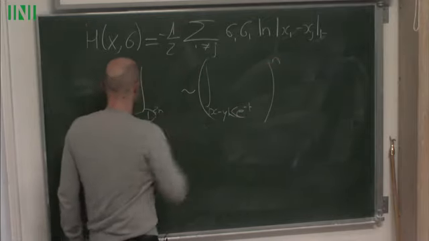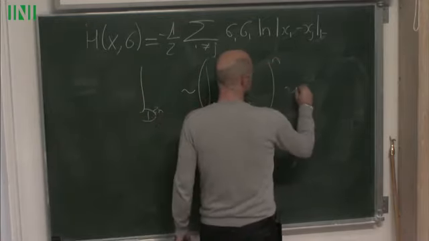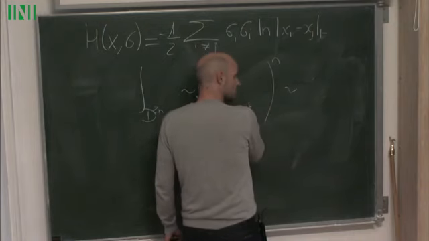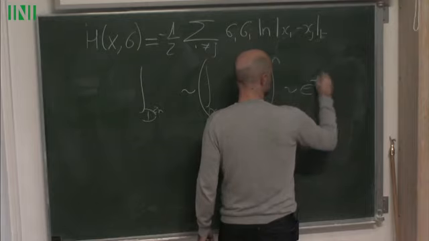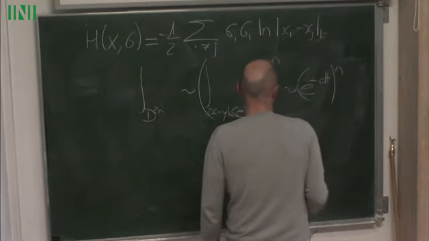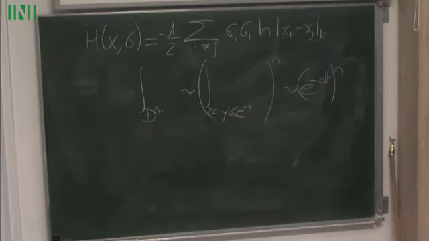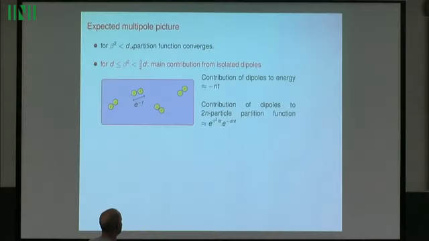There are n dipoles, and this region of the space has volume exponential of minus dt, to the power n. So a simple computation tells you the contribution of dipoles, and you see that this quantity starts to diverge when beta square is bigger than g.